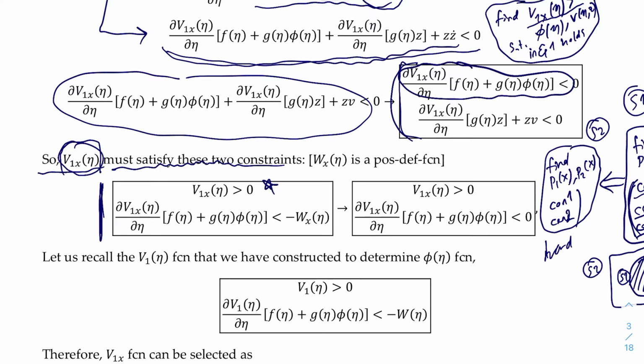And this. Okay, and we can write this constraint in that form, as a sufficient condition where wx of eta is a positive definite function of eta.